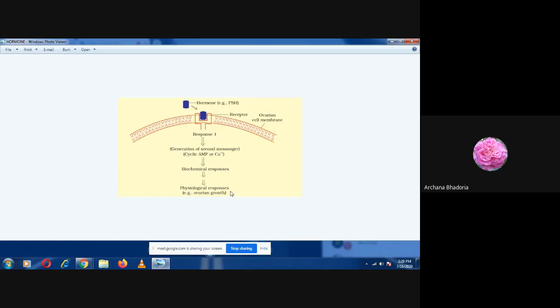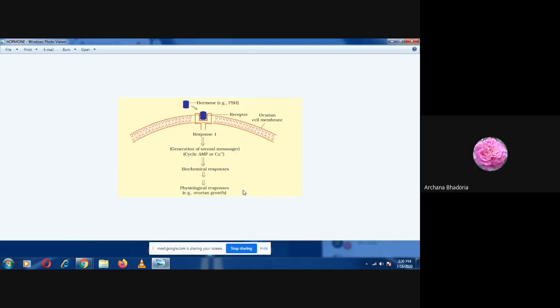In the case of FSH, first is response 1, then the second messenger will be the cyclic AMP or the calcium ion, which will bring about the biochemical responses. And then the physiological responses will be seen, which is the ovarian growth or the growth of the ovarian follicle or the Graafian follicle. Clear to you all, everyone?